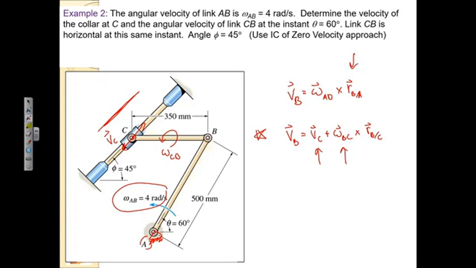Then the last bit, triangle: angle plus angle plus angle equals 180. 75 degrees. Okay, there's the last one left.